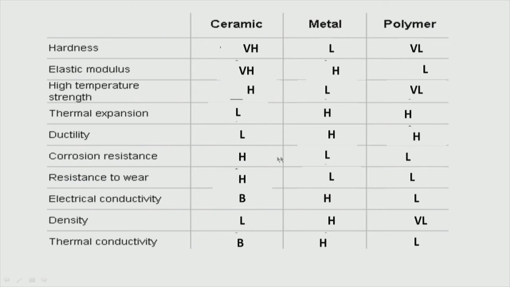Corrosion resistance: ceramics have very high corrosion resistance when compared to metal or polymer. Resistance to wear, again very high. Electrical conductivity may vary, because you can have ceramics with conductive or non-conductive properties. Metals high and of course polymers low. Density is low, metals will be high, polymers will be very low. Thermal conductivity can go up or down, just like electrical; metals will be high, polymers will be low. So, this table gives a very nice comparison between all these three major classes of biomaterials.